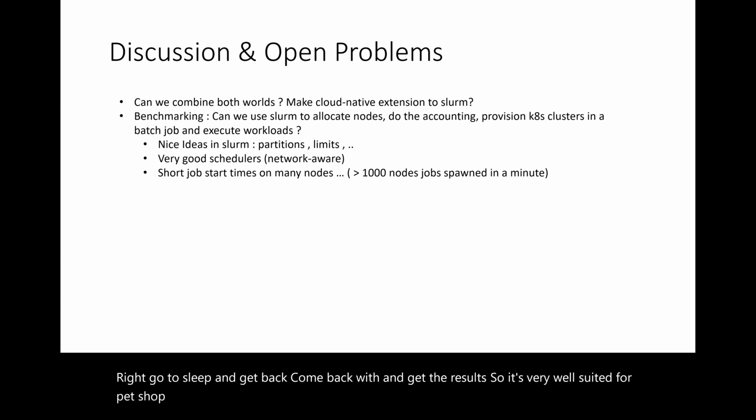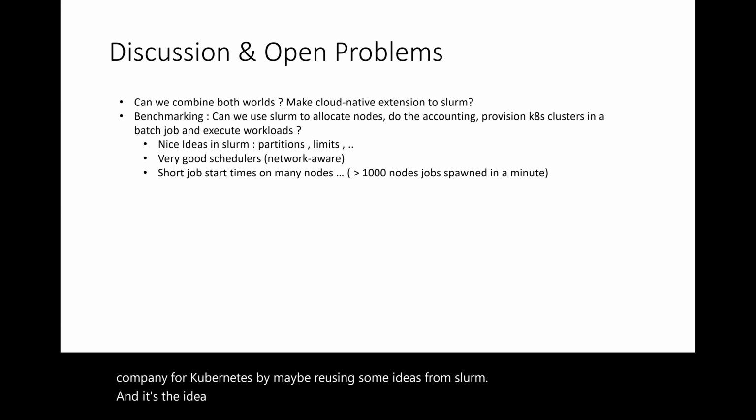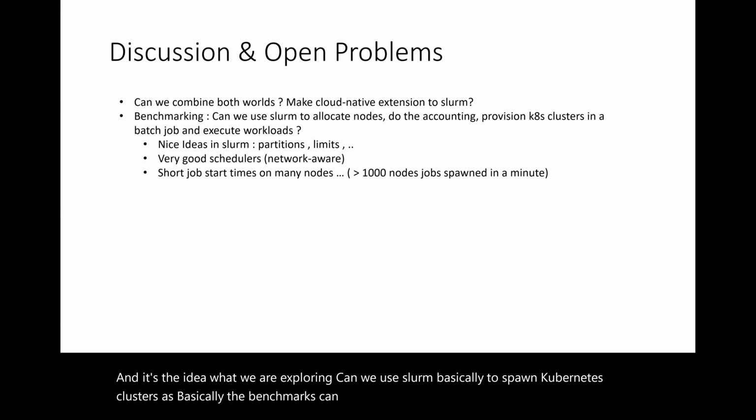So I was thinking about how we can do benchmarking in my company for Kubernetes by maybe reusing some ideas from Slurm. The idea we are exploring is whether we can use Slurm to spawn Kubernetes clusters, as the benchmarks can vary. We want to benchmark, let's say, a cluster of 4 nodes or 8 nodes.